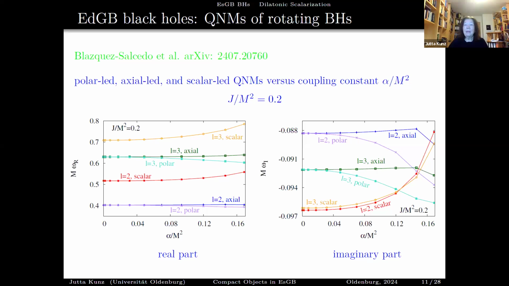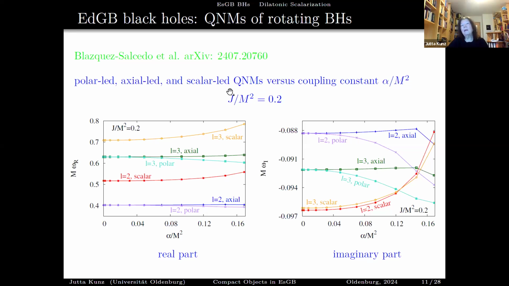And these bounds, Jose discussed already last time, and he was discussing the quasi-normal modes. And this is what I just put up again. And you see here the real frequency and here the imaginary one, and the dependence on the coupling constant.